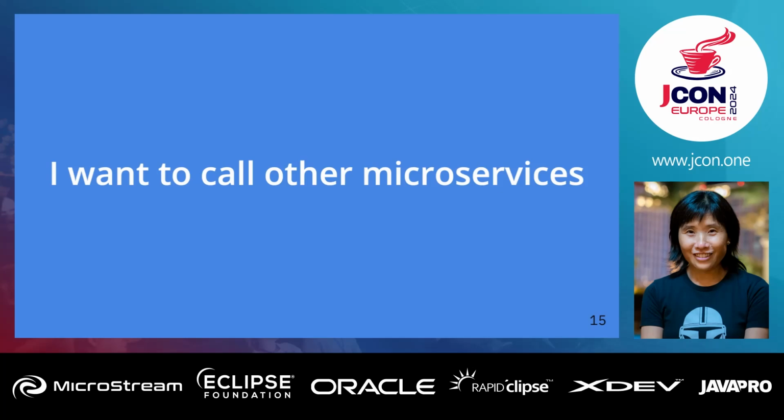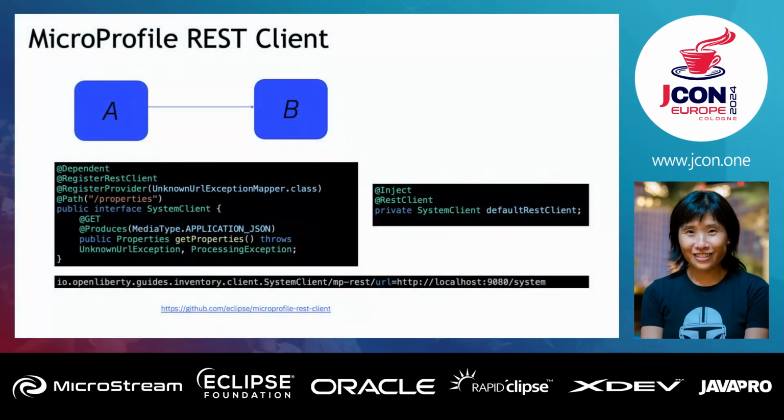So let's say there's a service A and a service B, and how can I make service A directly call into service B? Think about service B: at first you need to know the interface. In service A, you can directly create service B's interface, and also just annotate it with @RegisterRestClient, and then this is service B's endpoint.